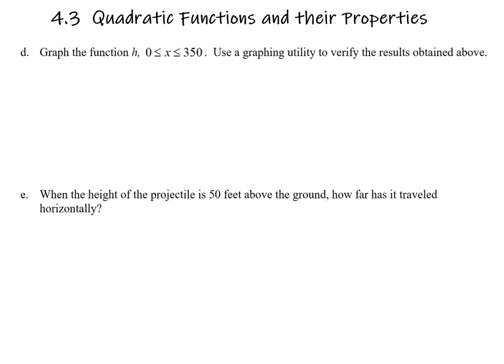And part D asks us to graph the function, which we already did, and we even used that domain of 0 to 350. We actually used the graphing utility to help us get those results, so we don't have to verify.